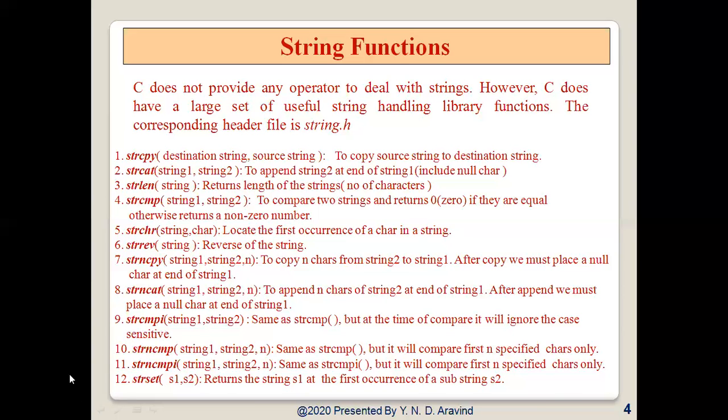The next function is strncmp. Whatever n value you give in the third argument, only that many characters will be compared in both strings, starting from the beginning. If you say 4, the first 4 letters in string 1 and the first 4 letters in string 2 will be compared.